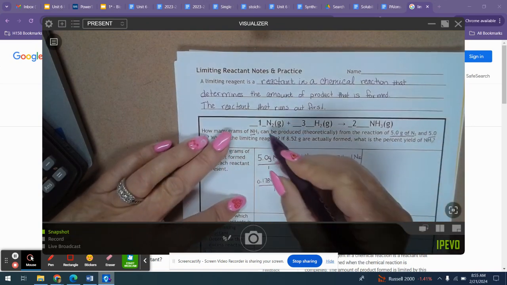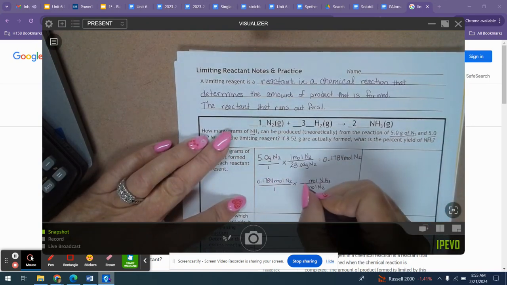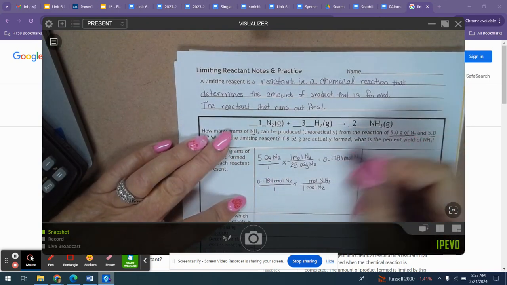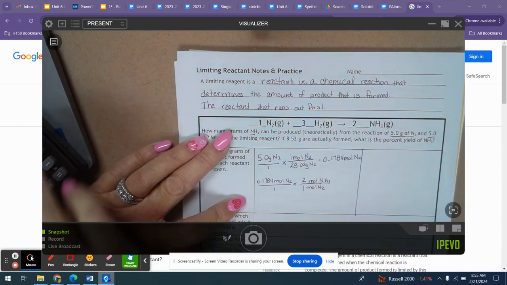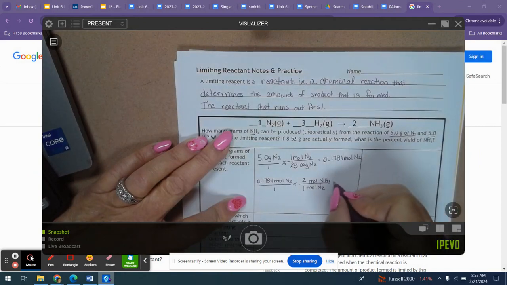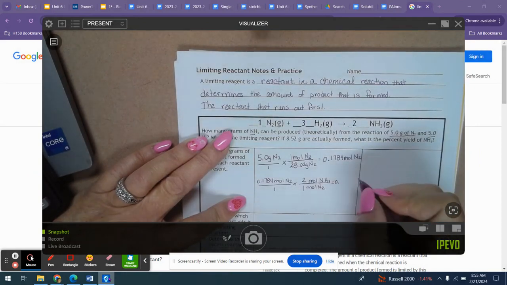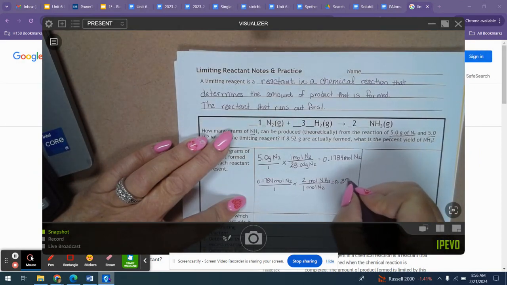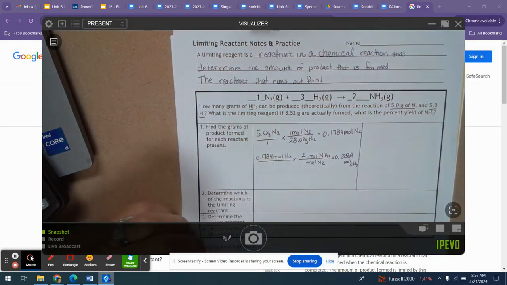If I look at my balanced equation, 1 mole of N2 reacts to make 2 moles of NH3. So if I calculate, I get 0.3569 moles of NH3.